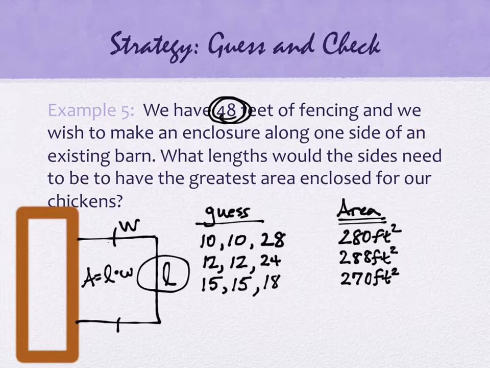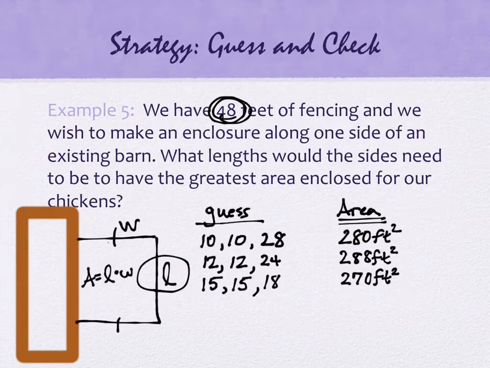Okay. So for a little while there, I went from 10 to 12. Increasing the width looked like it was increasing the area. But when I went from 12 to 15, that didn't happen anymore, right? It went back down. I've got less than I had before.